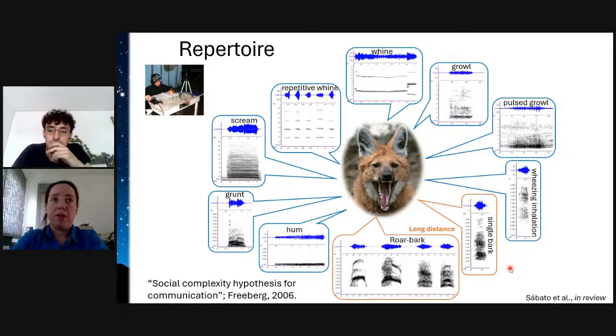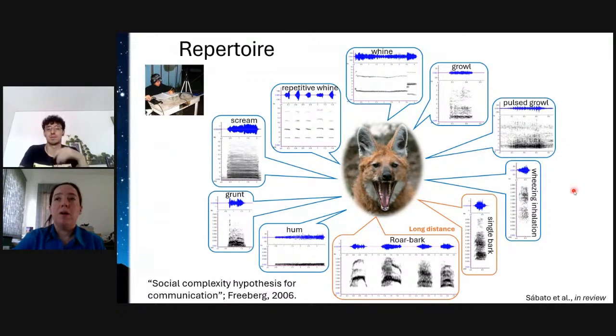All those vocalizations were a surprise, because there is a theory that proposes that socially complex species have more complex and bigger repertoires, which meant that maybe the maned wolf has a more complex social life than we thought.